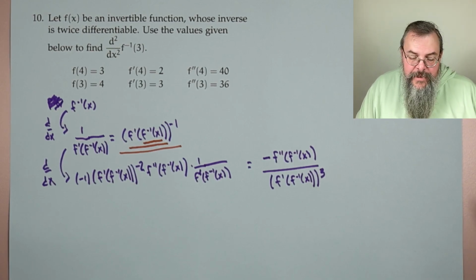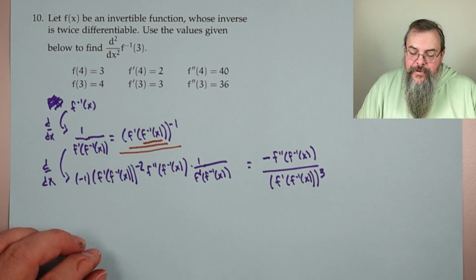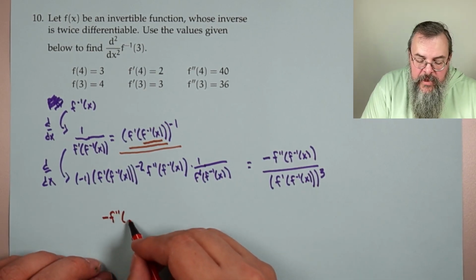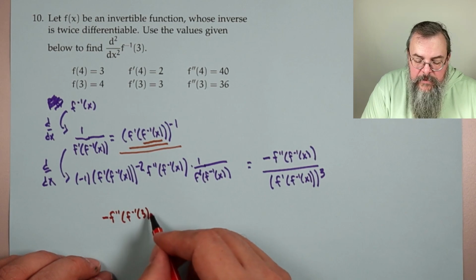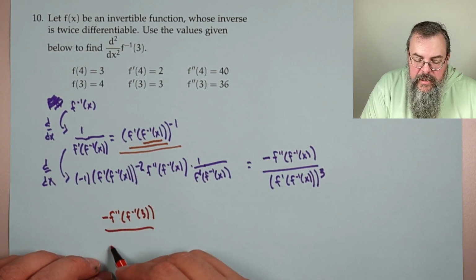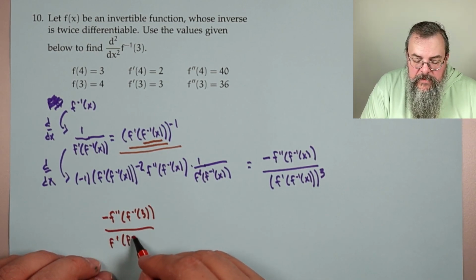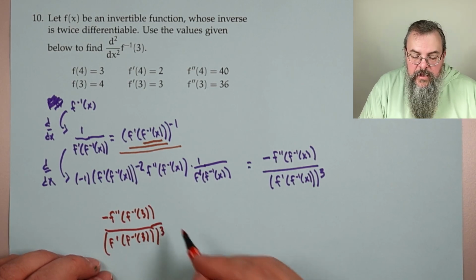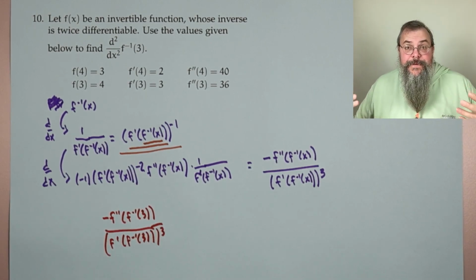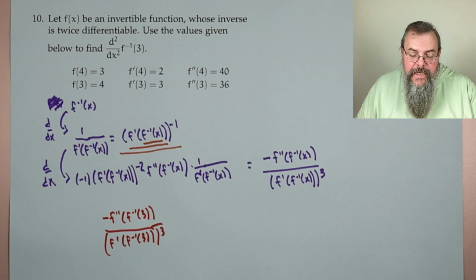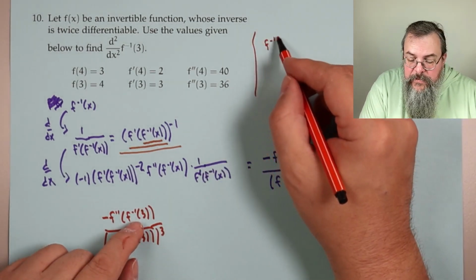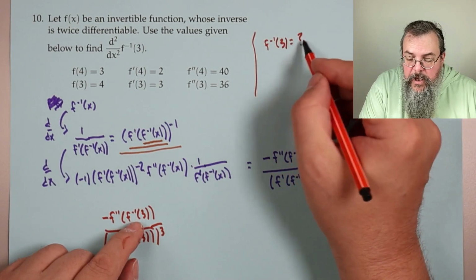Well, we plug in 3. So we say, well, look, we want minus f double prime of f inverse of 3 divided by f prime of f inverse of 3 cubed. Now, how do we find f inverse of 3? Well, f inverse of 3 equals what?